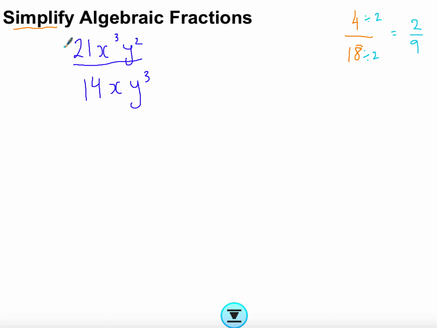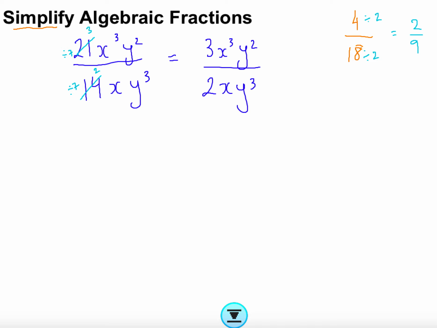So these will cancel out to give me 3 and 2. Now I will do these step by step, but as you do more of these, you are expected to do all of these simplifying steps in one line. So now I have these two numbers.